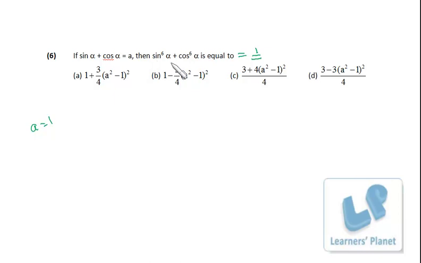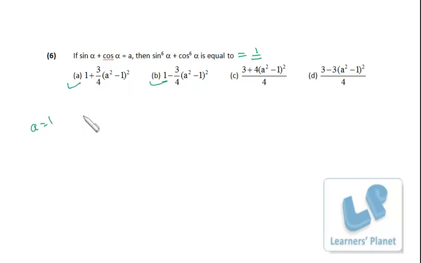Because sin 6 alpha plus cos 6 alpha is 1 if alpha is equal to 0, and a is equal to 1 if alpha is 0, right? So I put a as 1 and see where I get 1. So if I put a as 1, it will be 0, so I'll be getting 1 over here.